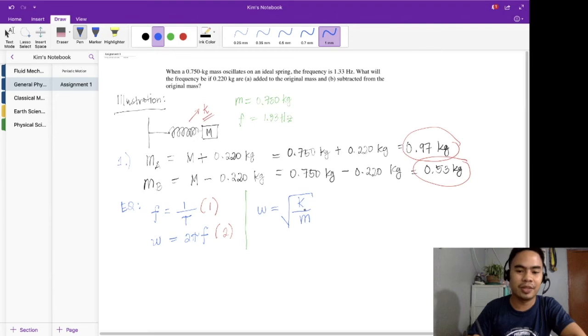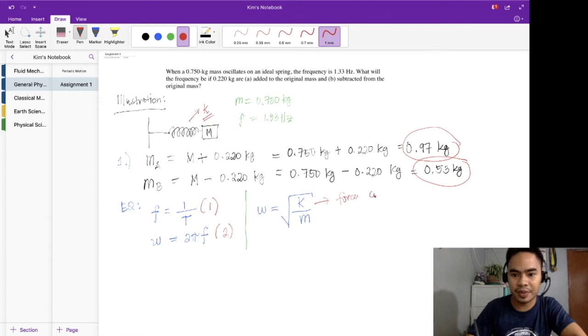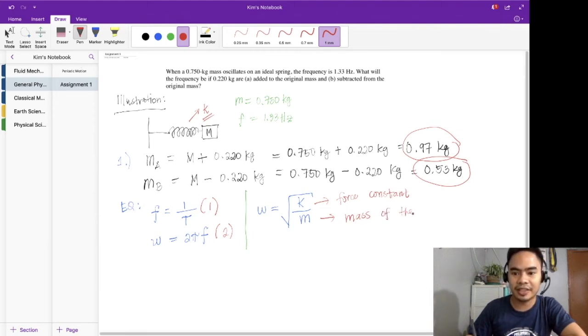Okay, so k is the force constant of the spring with which your mass is attached, and this mass here is not the mass of the spring, because we assume the spring to be massless, but the mass of the body attached to the spring.